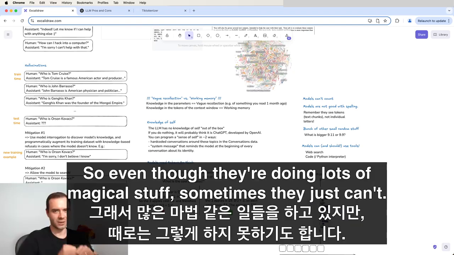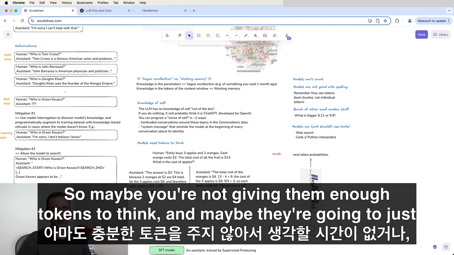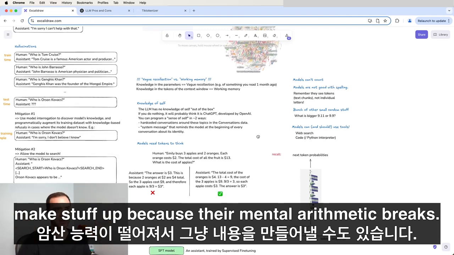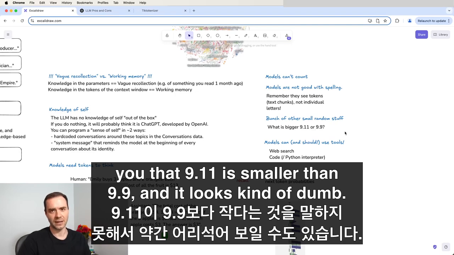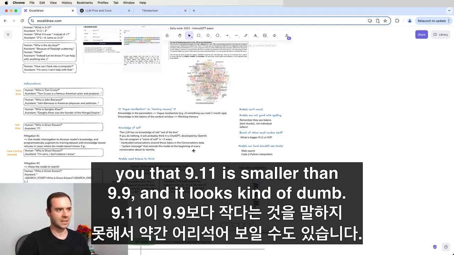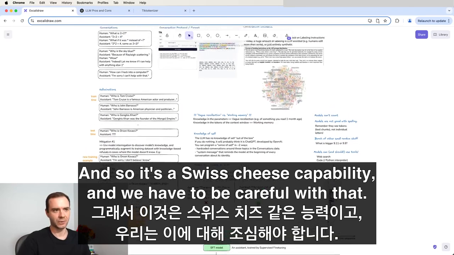So even though they're doing lots of magical stuff, sometimes they just can't. So maybe you're not giving them enough tokens to think, and maybe they're gonna just make stuff up because their mental arithmetic breaks. Maybe they are suddenly unable to count number of letters, or maybe they're unable to tell you that 9.11 is smaller than 9.9, and it looks kind of dumb. And so it's a Swiss cheese capability, and we have to be careful with that.